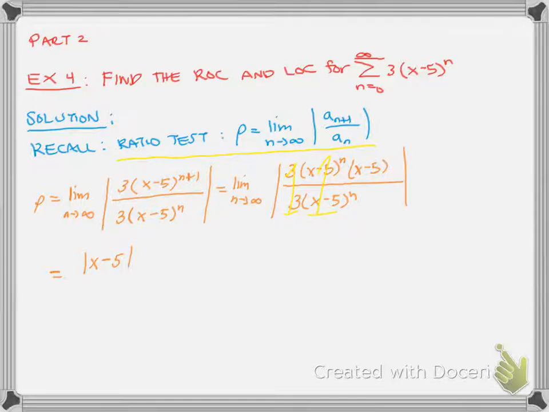Now we know from the ratio test that we just did in class that this will converge absolutely when this absolute value of x minus 5 is less than 1.